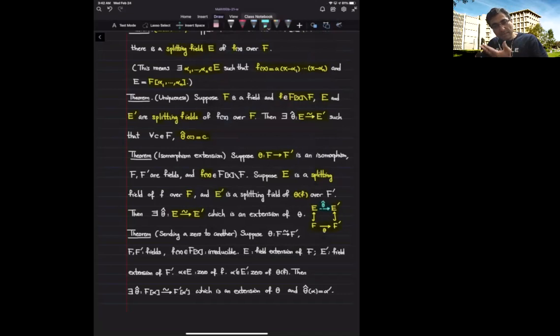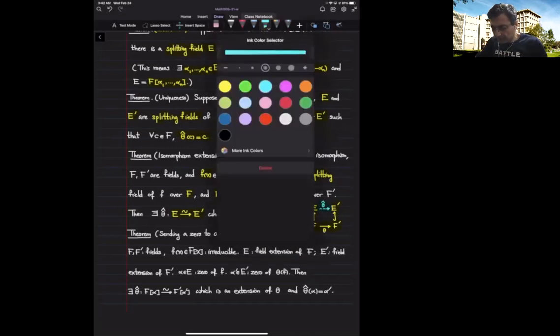So essentially, this statement about isomorphism extension can be captured in this commutative diagram.